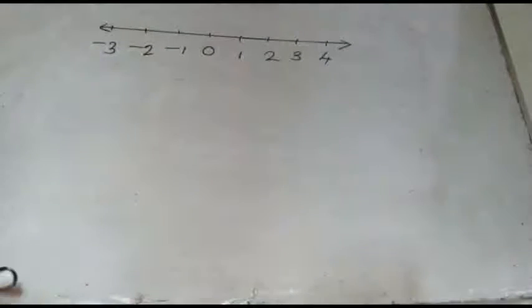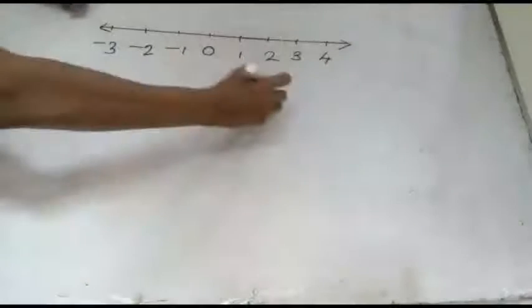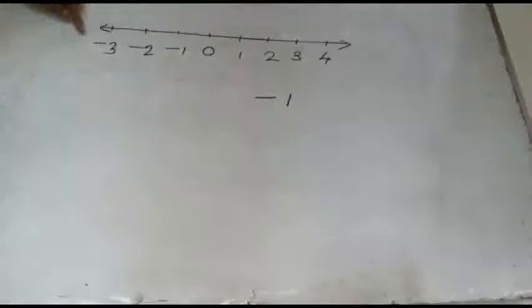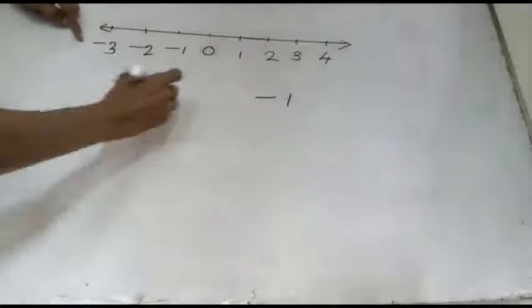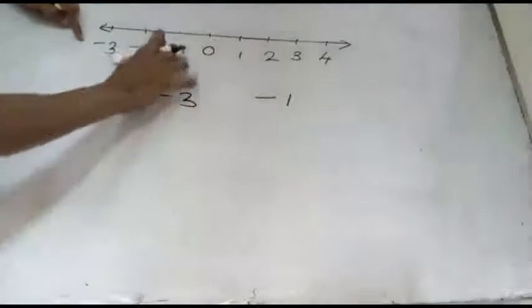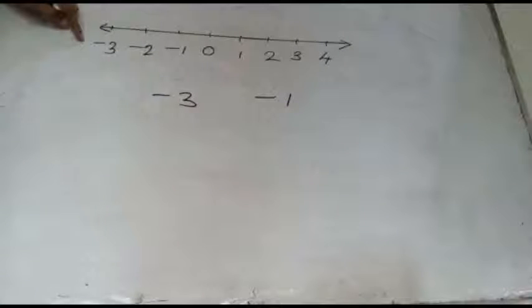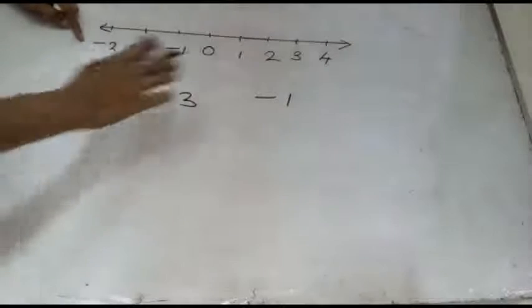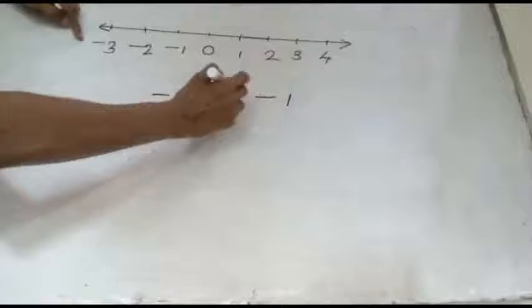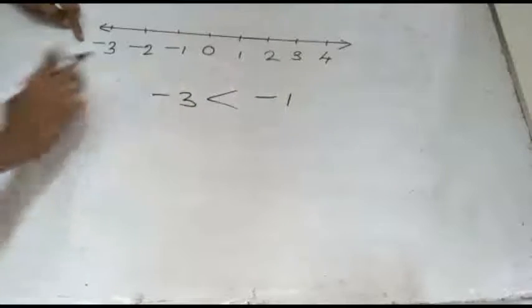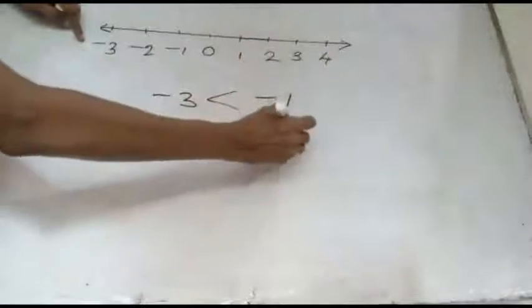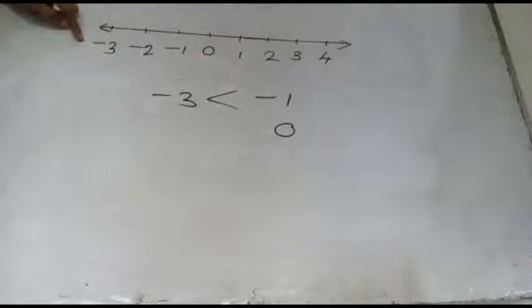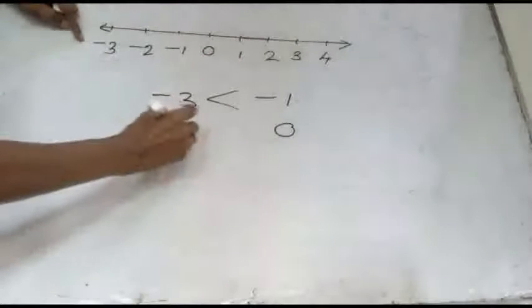Here, negative 1 is to the right of negative 3. Then negative 1 is greater than negative 3. 0 is to the right of negative 2.